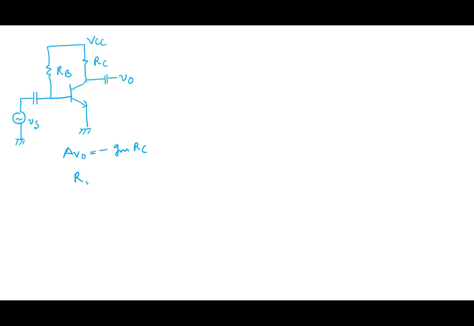Input resistance Rin was approximately equal to R pi, and output resistance equal to RC here. And we saw that the properties of the amplifier, especially these two, are influenced by ICQ, or the bias point.